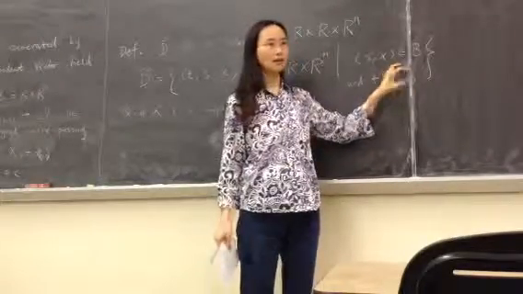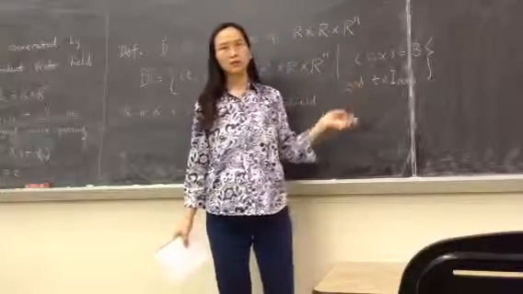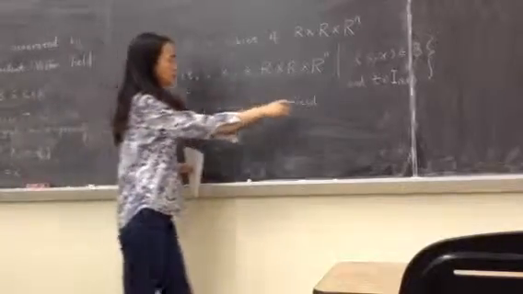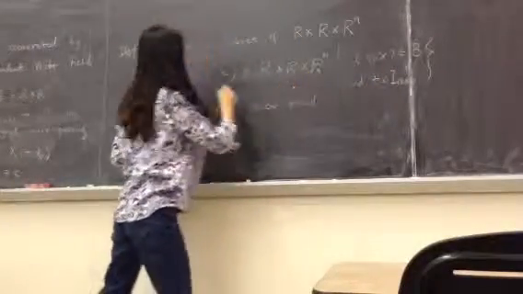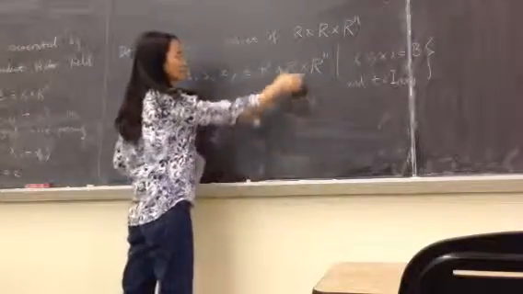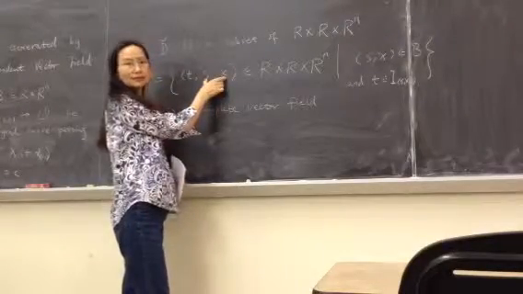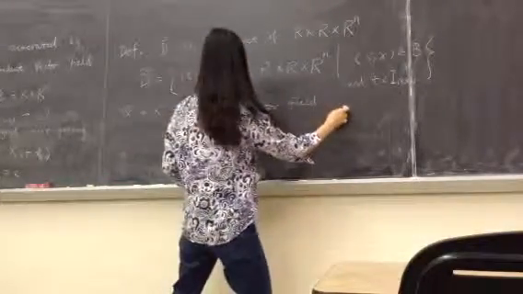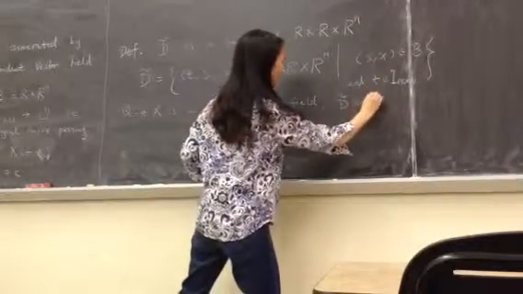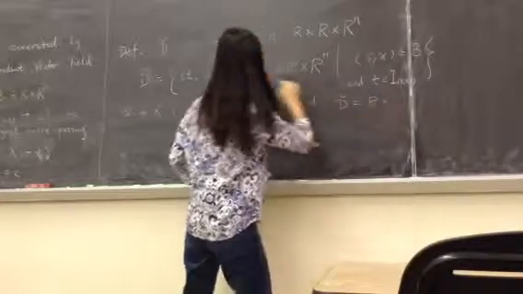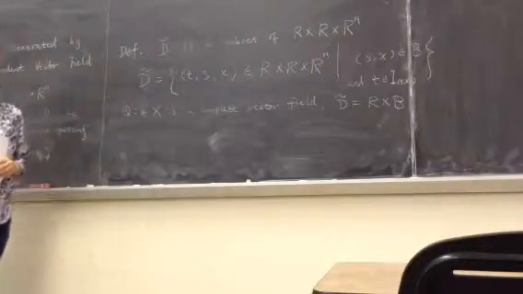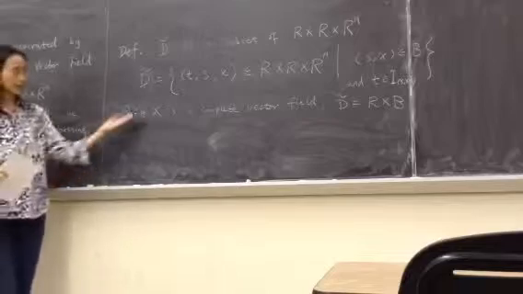So t is any real number, and the whole set will be R cross B, where the point is from B, the domain of the vector field. In this case, D is simply R cross B.